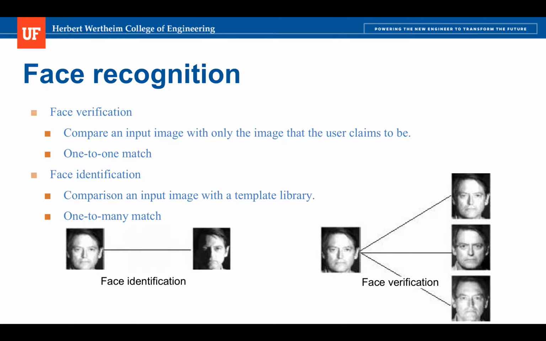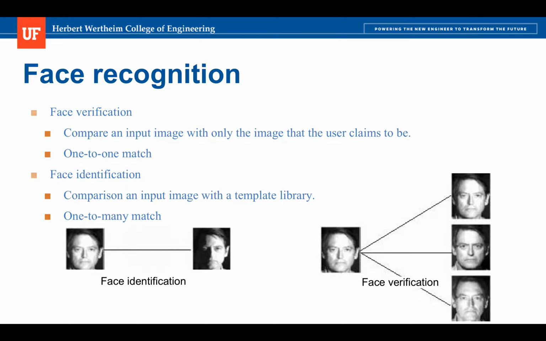Face verification involves a one-to-one check that compares an input with only the image that the user claims to be. In simple words, if you stand in front of a face verification system and claim to be a certain user, the system will only check whether you are that person or not.